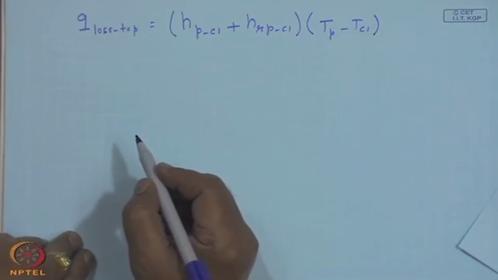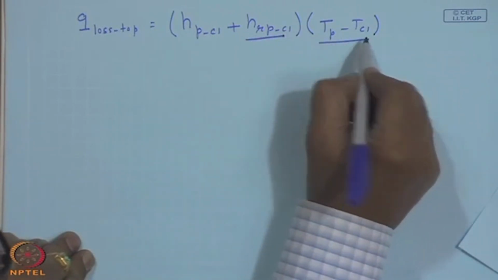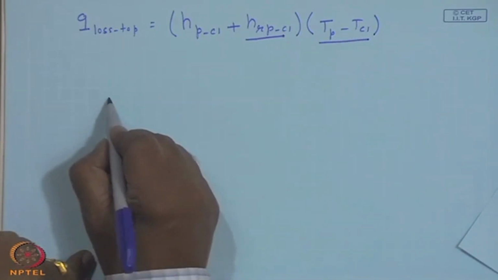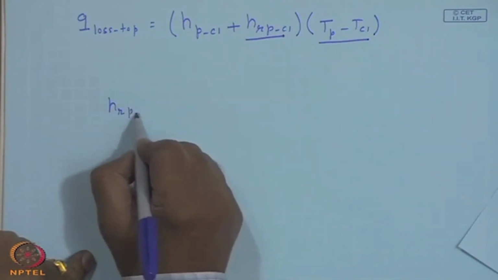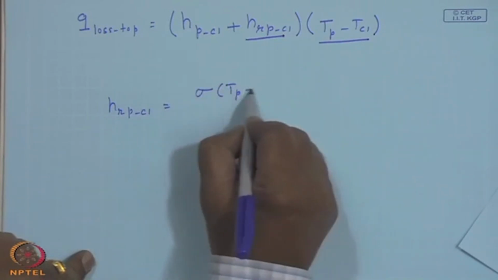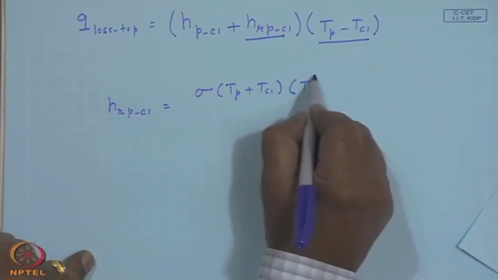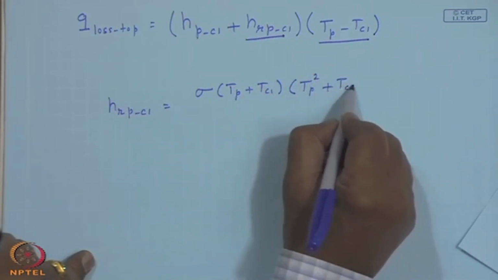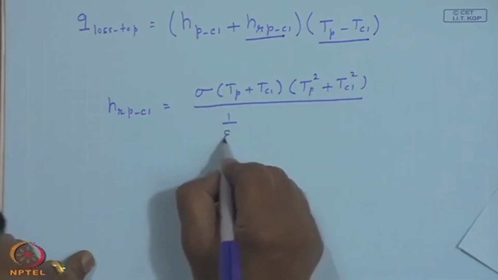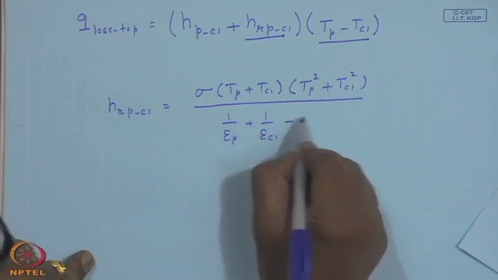Now, that radiative loss is expressed in terms of a radiative heat transfer coefficient multiplied by just the temperature difference, not the difference of the fourth powers of the temperatures. So, H r p to C 1 is defined as sigma T p plus T c 1 into T p squared plus T c 1 squared by 1 upon epsilon p plus 1 upon epsilon c 1 minus 1.